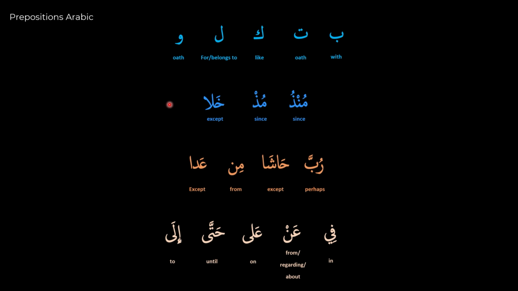But for now, it's important to memorize all 17 of these and the baseline definition associated with them. And the critical thing to understand is that every time you see one of these 17 prepositions or harfu jar in Arabic, you'll know that you're dealing with a prepositional fragment.